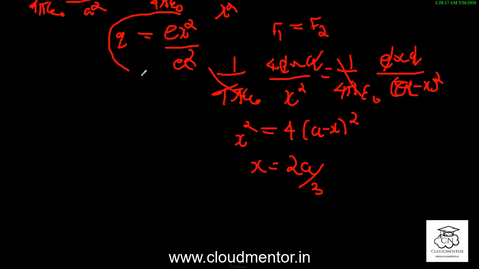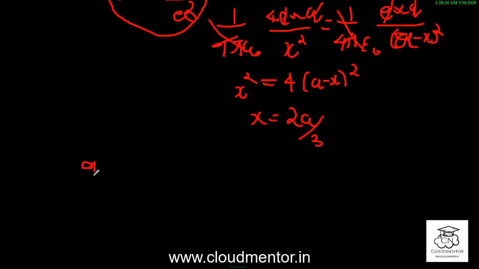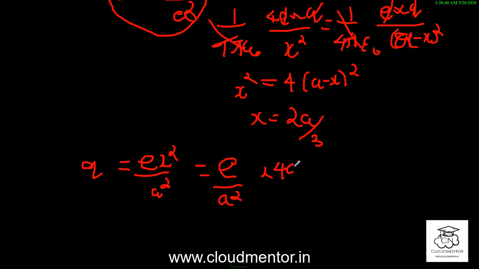So q will be equal to, we know that we got ex square by a square. Now applying the value of x here, e by a square multiplied by the square of 2a by 3, that is 4a square divided by 9, we get 4e by 9.